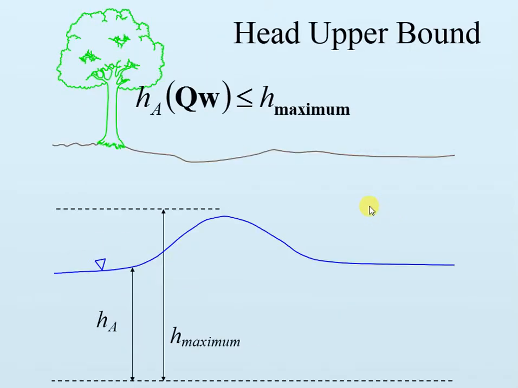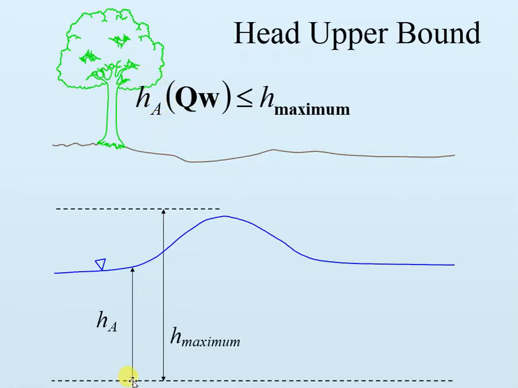So first we'll look at a simple constraint, head upper bound. So the notation works as follows. Here is the set of pumping rates. These are the decision variables. Withdrawal or recharge rates. We use them to compute a head at a location.